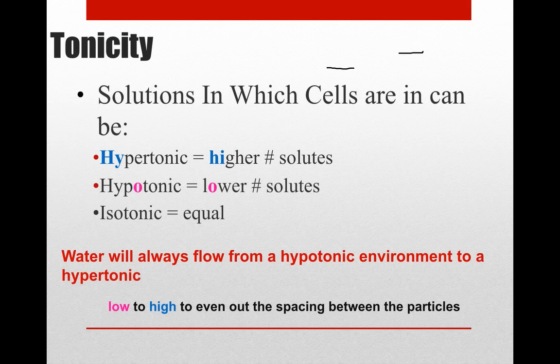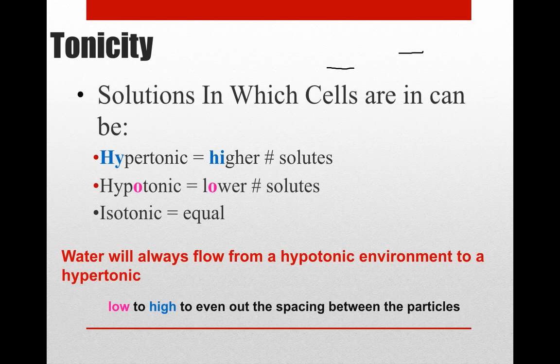Okay, so tonicity. This is solutions in which the cells, when a cell is placed in the solution, it can be placed in one of three solutions. So a cell can be placed in what's called a hypertonic solution, which means it has a high number of solutes. So this would be a very concentrated solution. Or a cell can be placed in a hypotonic solution, which has a letter O, so it's a lower number of solutes.